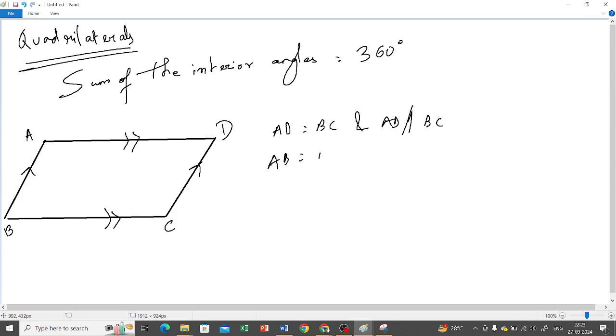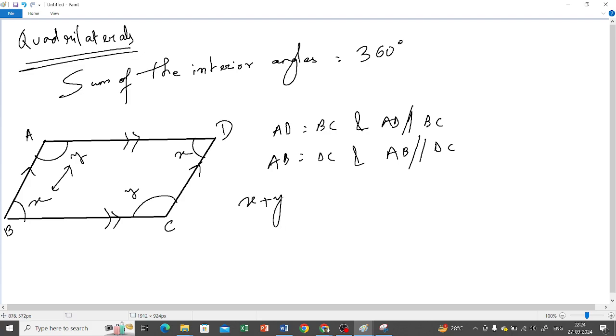AB is equal to DC, and AB is parallel to DC. Opposite angles are equal to each other. Co-interior angles are supplementary.